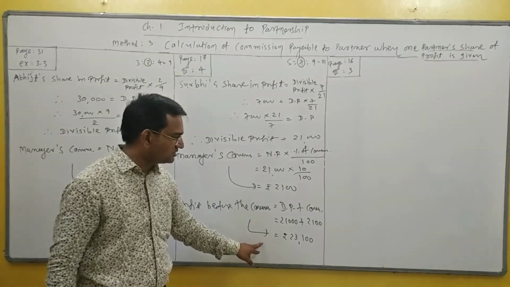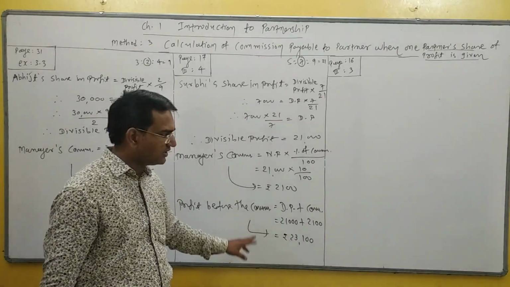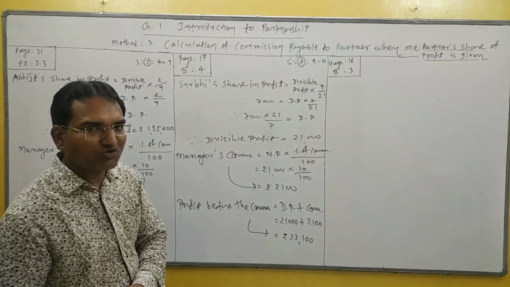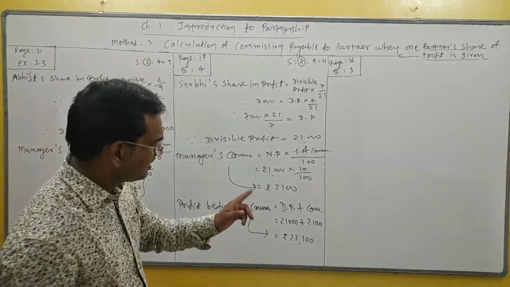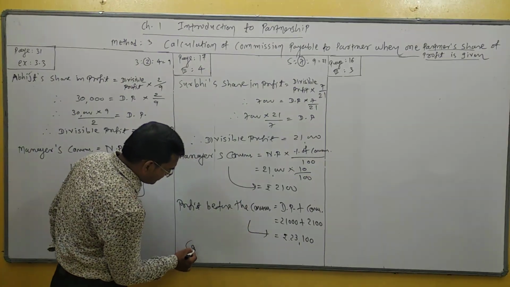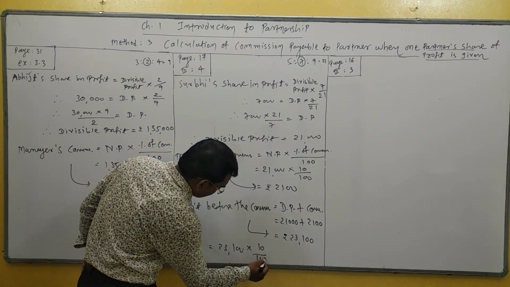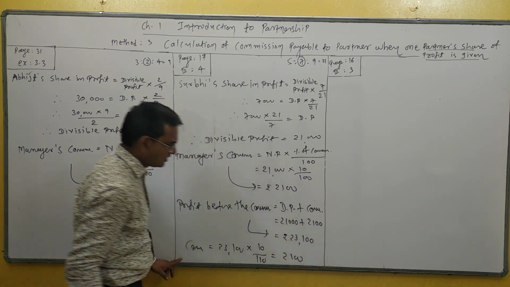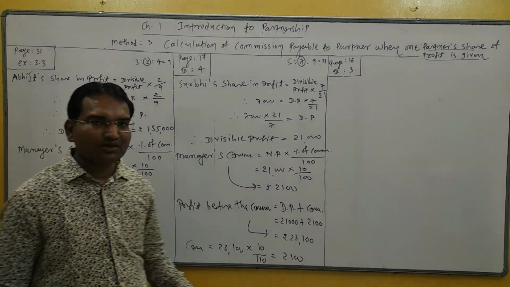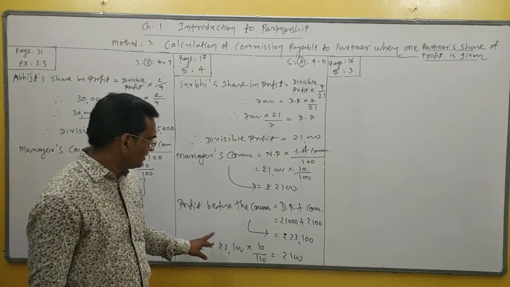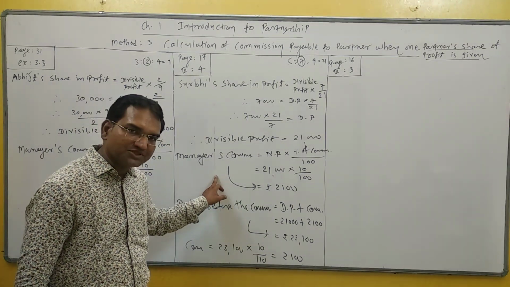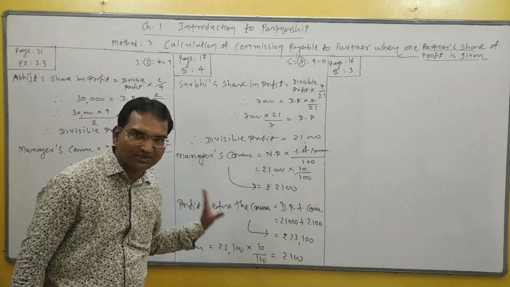Suppose profit before commission is 23,100 and you are asked to calculate commission on net profit after deduction of such commission. So you can calculate commission is equal to 23,100 into 10 by 110. Then your answer is 2,100. Do you understand? So be careful. Here profit after commission is given, so directly 10 by 100.